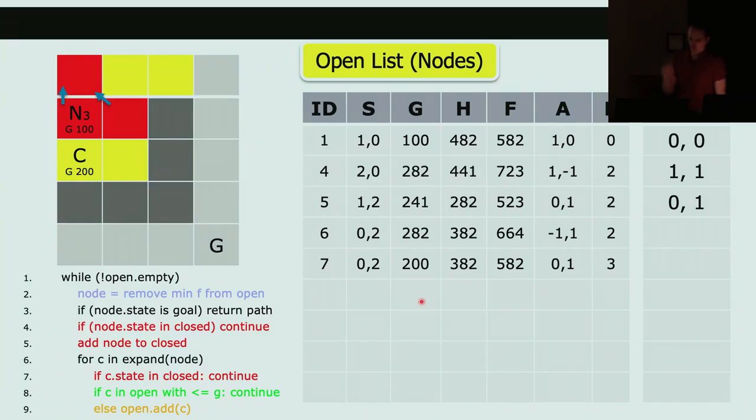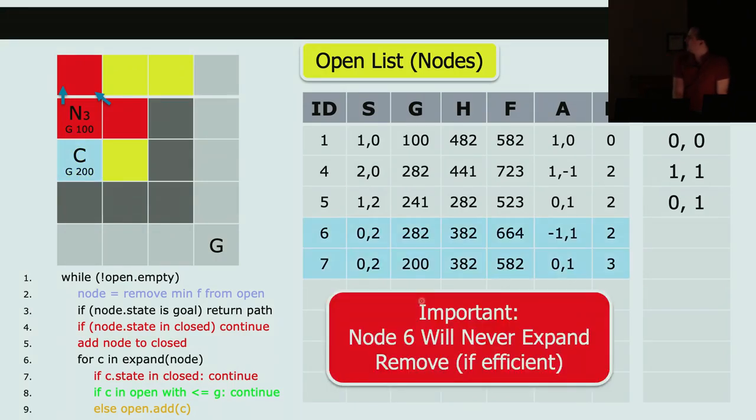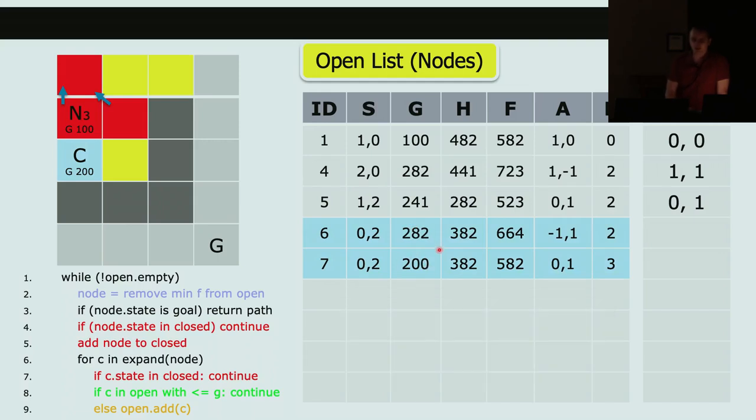All right, so in this case, and really only for the slides, because what I'm about to show you is a very difficult optimization to do in practice, okay? But what we're going to say is if we have a new version that's better than the old version, delete the old version from the open list.